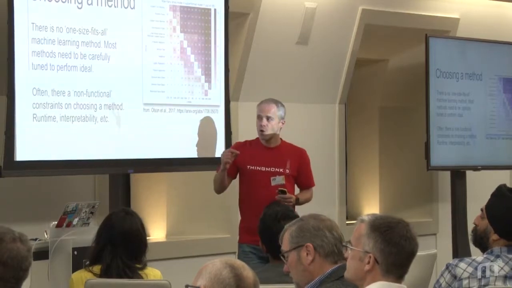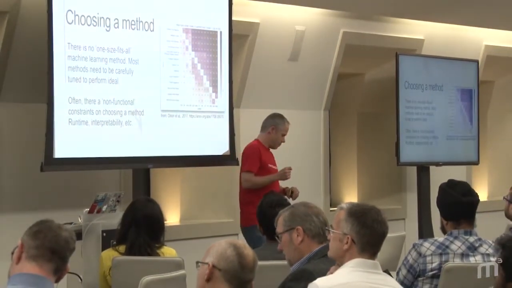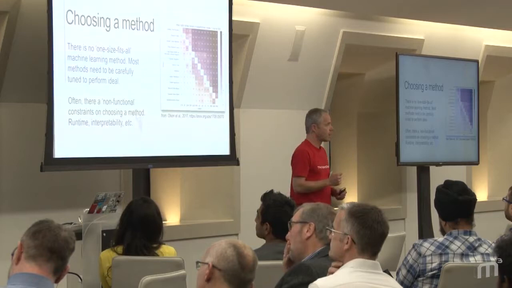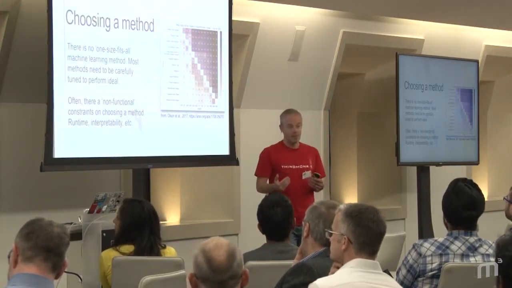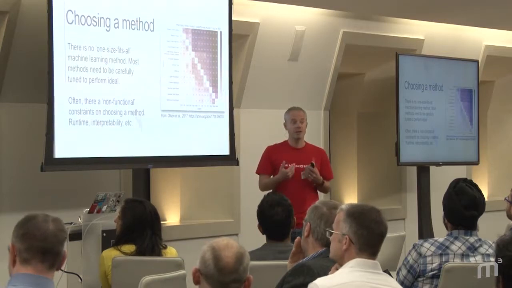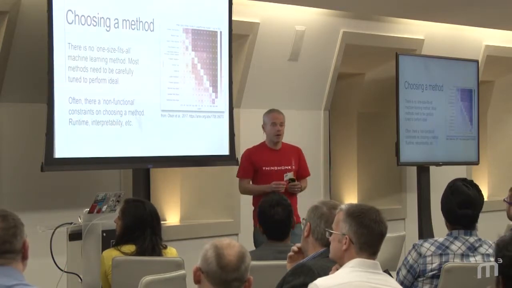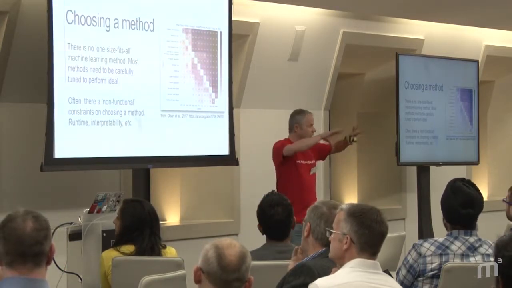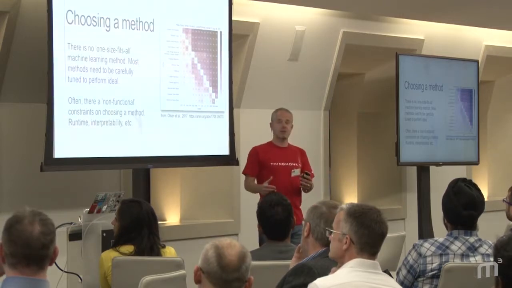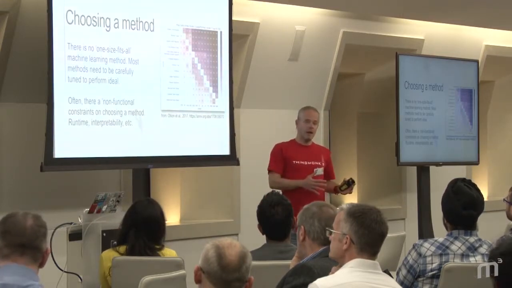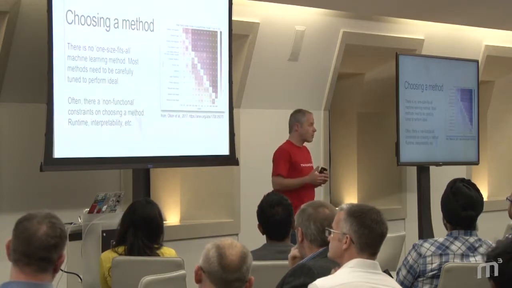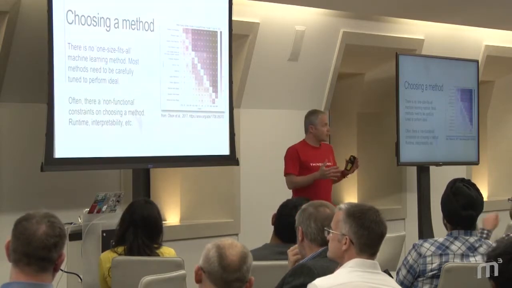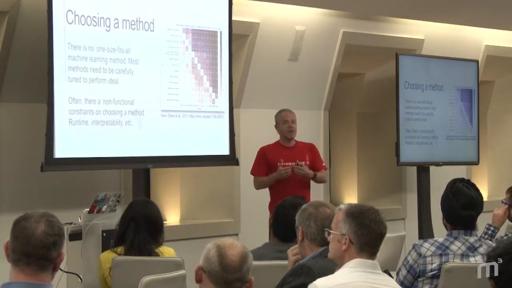Also, the choice of a machine learning method depends on things like runtime, interpretability. So for example, if you shoot your entire variable set, your entire features, into a dimensionality reduction, and then you do a support vector machine, what comes out of that cannot be easily interpreted.